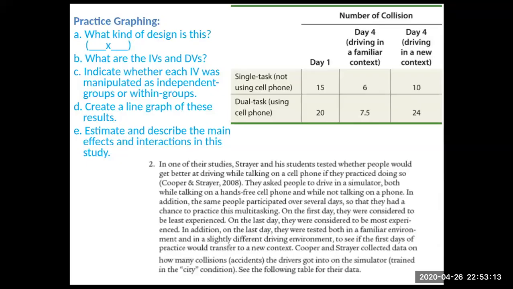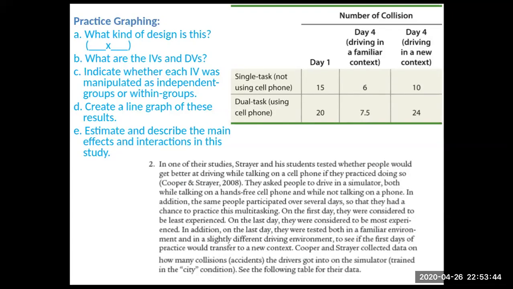So now we have an interesting thing. One IV seems to be between subjects or independent groups. One IV here, days, seems to be within subject. We wouldn't call this then a between subject or a within subject factorial design. We would call it a 2 by 3, and we would call it a mixed design, because cell phone use is a between subjects design, independent groups, and the day is within subjects or within groups.